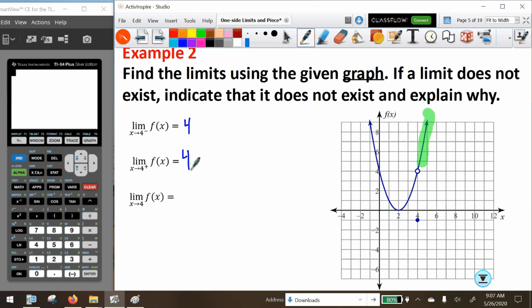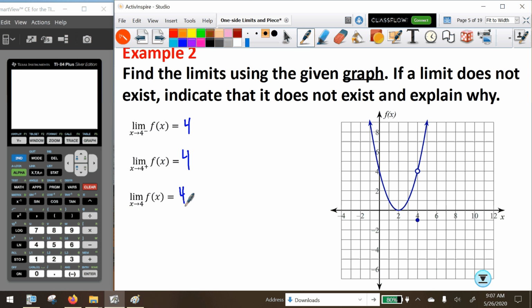So because the left-hand and right-hand limits both approach the same number, then the limit as x approaches positive 4 is equal to, in this case, the number that these both are, which is also positive 4. So the limit does exist and it's equal to 4.